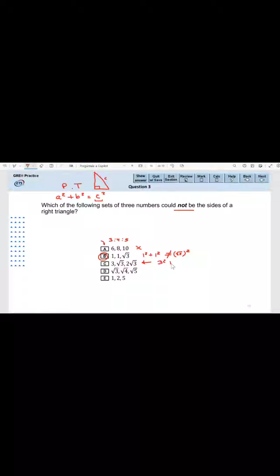What about 1, 1, and the square root of 3? Well, if you set up this, you verify that it is not true. So that is one correct choice. What about C? If we set up this, does the equality hold true?